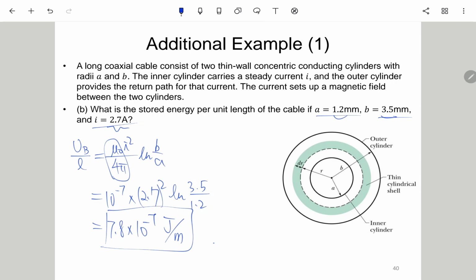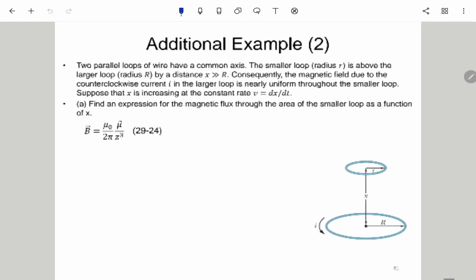Okay, so this is quite interesting. And then the final one is somehow like this. It says two parallel loops of wire have a common axis. The smaller loop of radius r is above the larger loop.